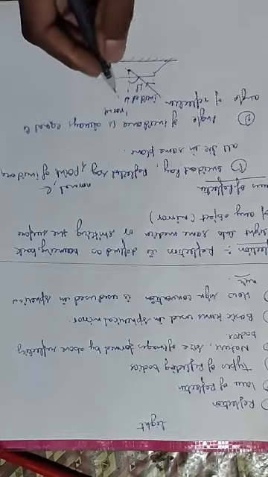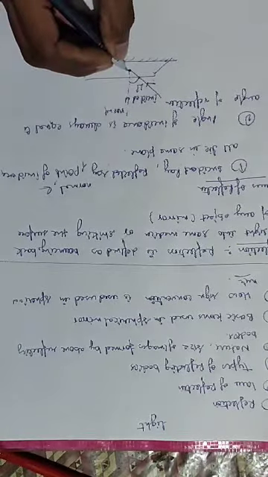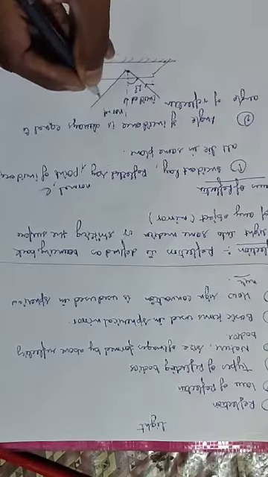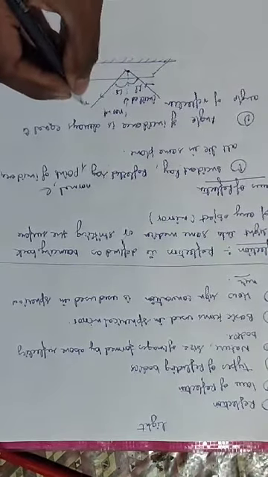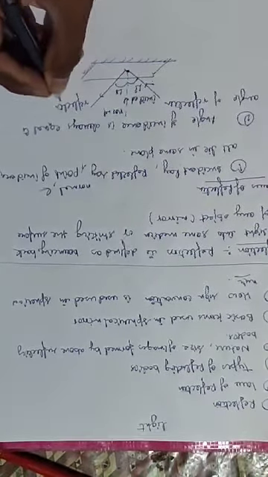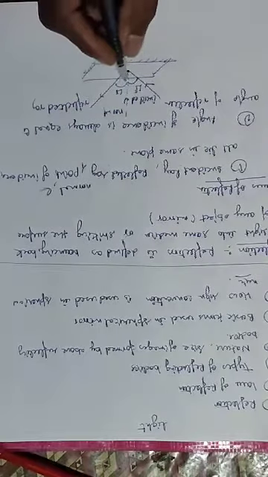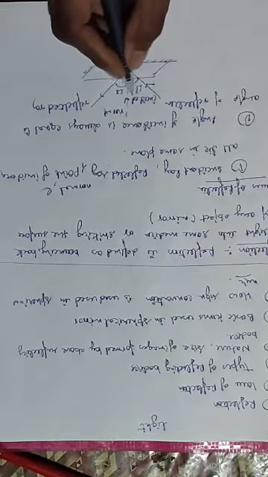The second law says that this angle of incidence is always equal to the angle of reflection, and the angle of reflection is defined as the angle between the reflected ray and the normal.